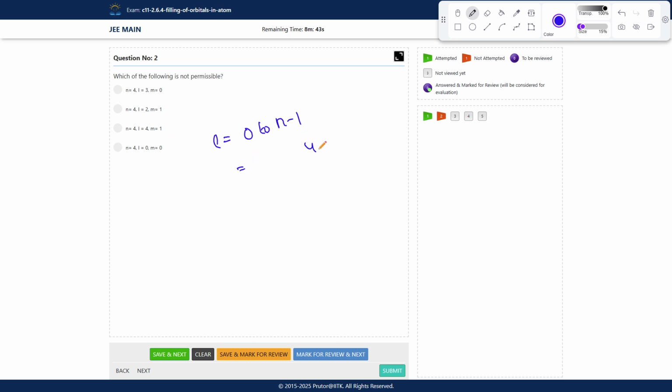So n minus 1 means 4 minus 1, which is 3. So 0 to 3 gives you 0, 1, 2 and 3. So these l values are possible. Since this value is equal to 4, it is not possible to have an electron which has this set of quantum numbers.